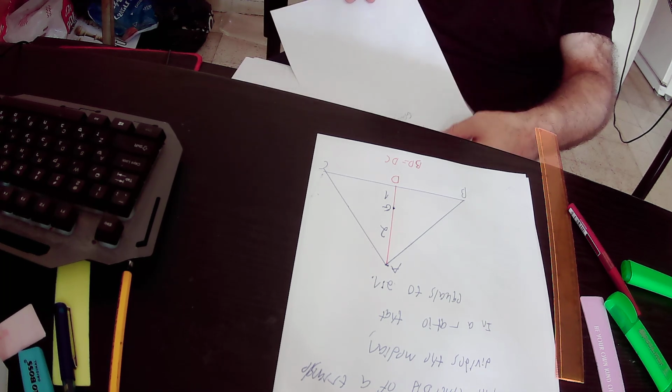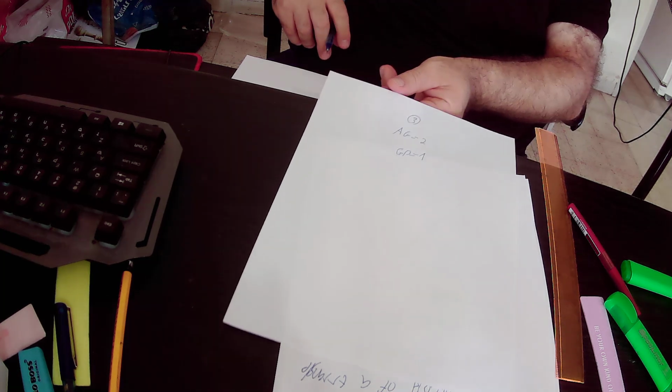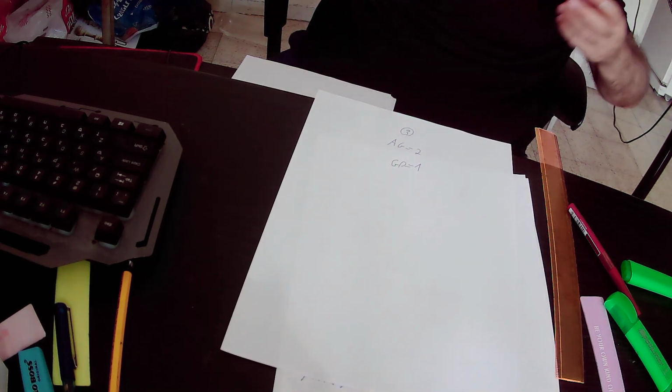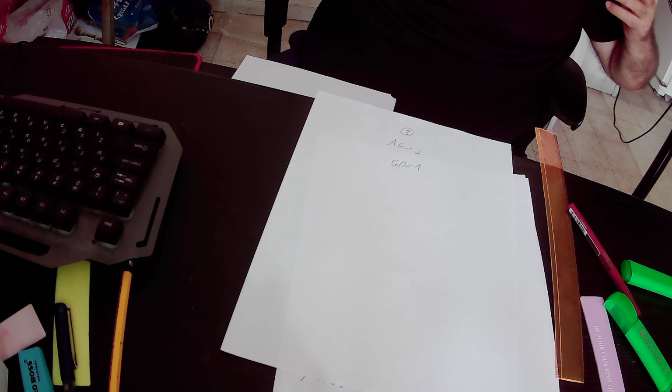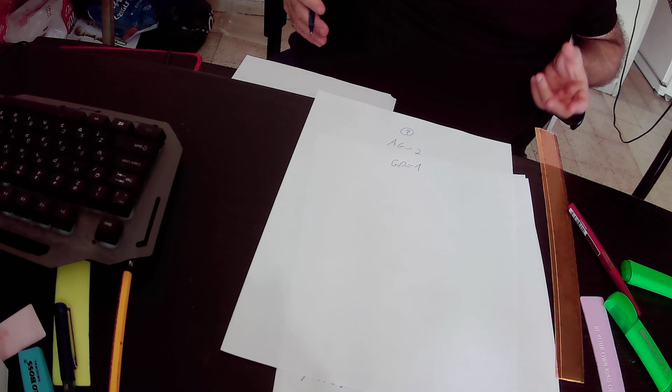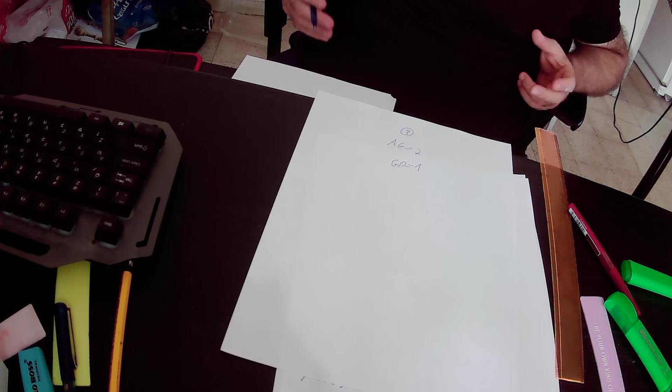According to rule number 1, the centroid G divides the median AD in a ratio that equals 2 to 1.